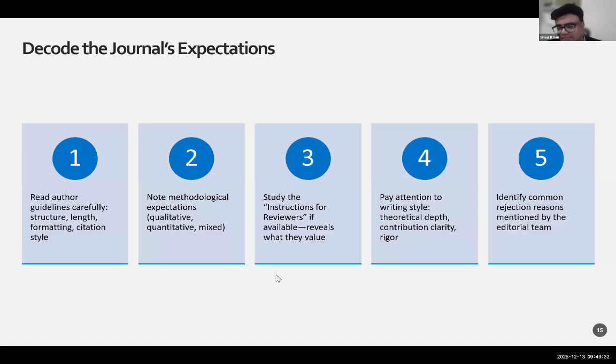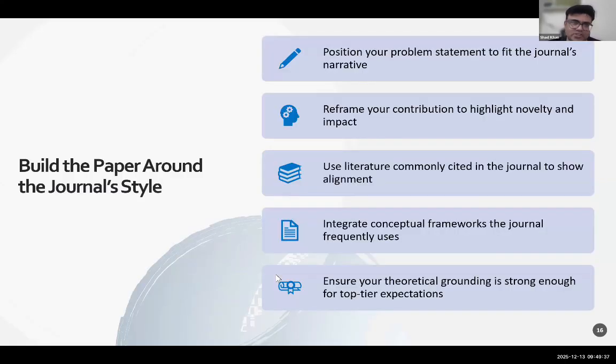We will not be talking much in detail about them because of the paucity of time, but we'll try to see what we can do for a journal. When we are going for a journal, the first thing is that we need to position our problem statement so that it fits the journal's narrative. For example, it is the Journal of Emerging Markets, and we are talking about a context which is the US or a developed economy.